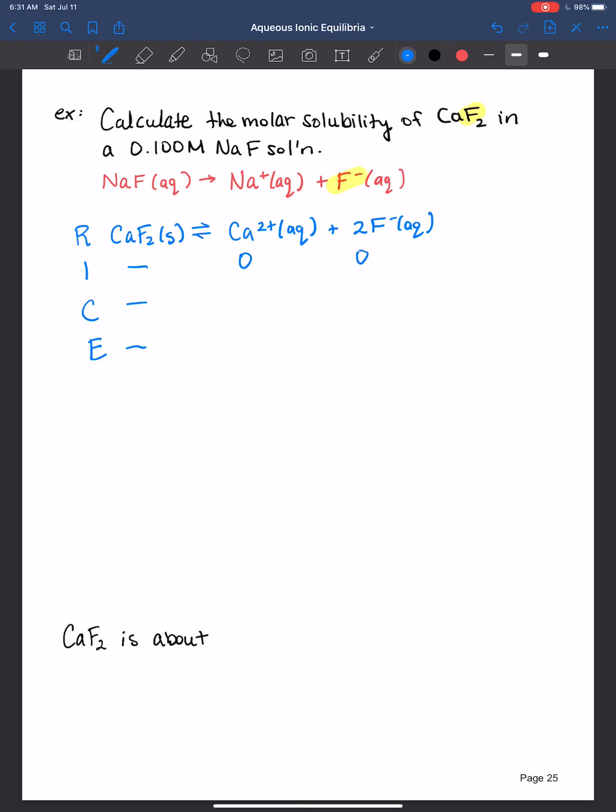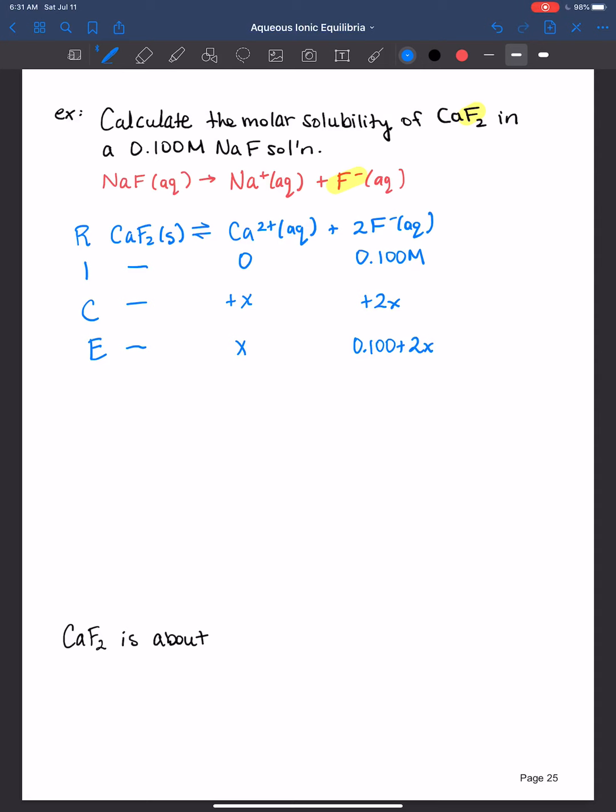We then have 0.1 molar fluoride ions in solution. So then over time, calcium changes by plus 1x, fluoride is plus 2x, 0 plus 1x is x, and then 0.100 plus 2x for the fluoride concentration at equilibrium.